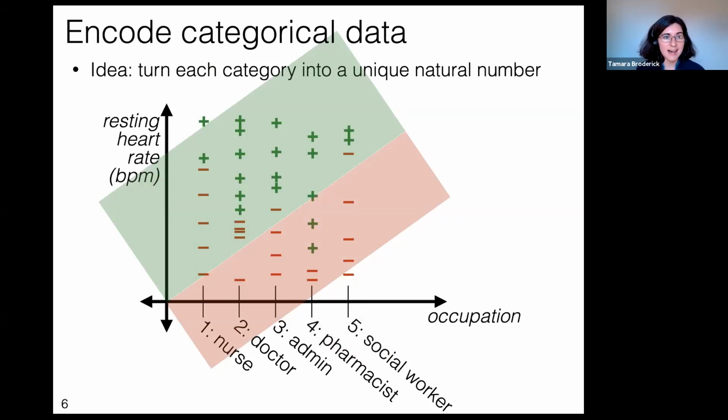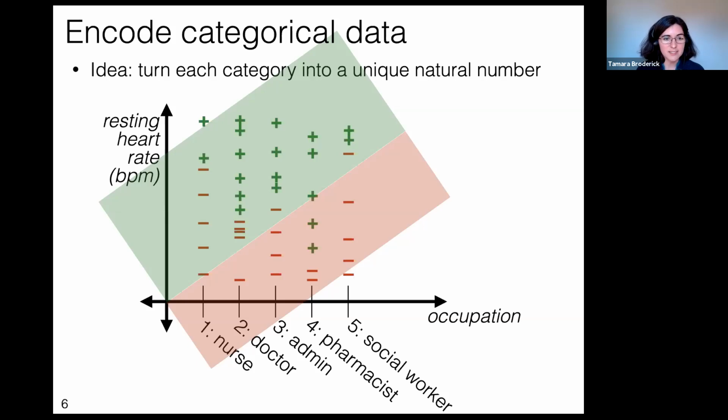But it's monotonic: it's either all increasing across these numbers or all decreasing. And going in, I just don't think there's really an ordering on nurse, doctor, admin, pharmacist, social worker. I don't think that has some particular linear relationship that I want to codify. And I'm forcing them to have that by making this codification into the natural numbers.